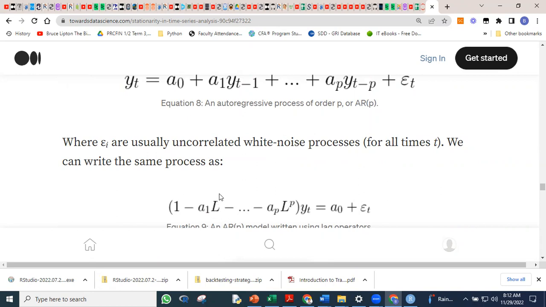Okay, L means lag. I think I should discuss this. So yung y sub t minus 1, it can be written as L. Ano ibig sabihin ng L? Lag. Si y sub t minus 1 is equal to L. Okay, si y sub t minus 2 is L2. Okay, si y sub t minus p is Lp.